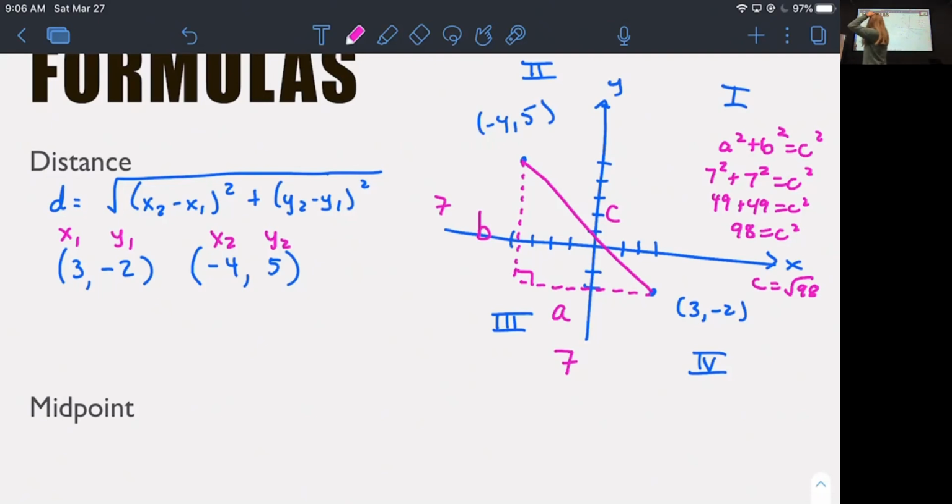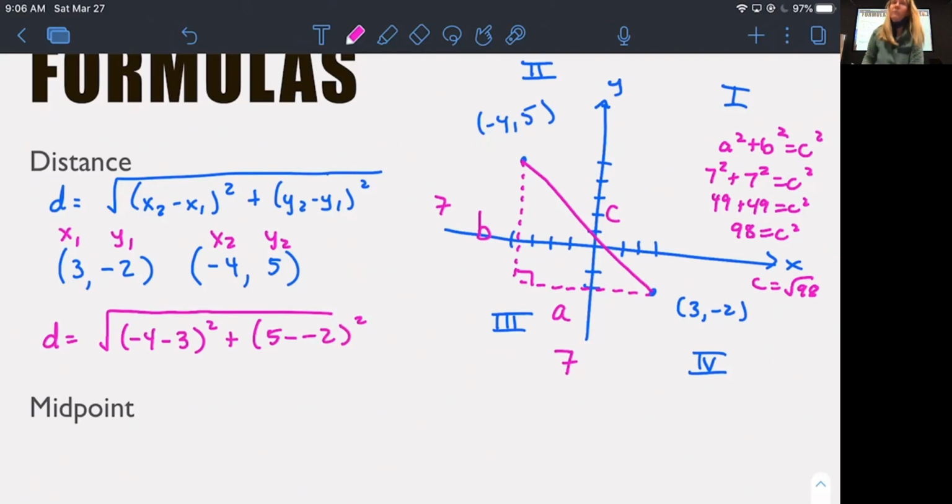So now we have x1, y1, x2, y2. Just plug them in. The distance formula says take x2 minus x1, squared, plus y2 minus y1, squared, and then square root it. So if we take -4 minus 3, we get -7.